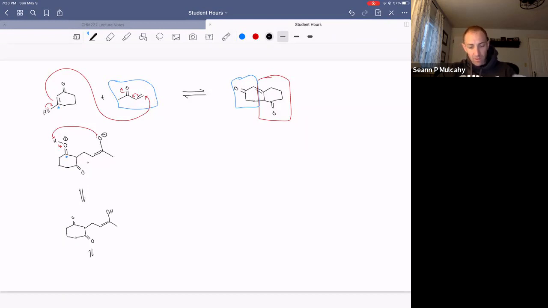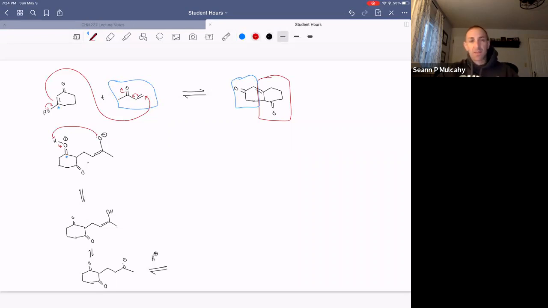That molecule is in equilibrium with its keto form. So we can draw it like this, right? This is just a tautomerization. Why don't we then form the enol on the other side?